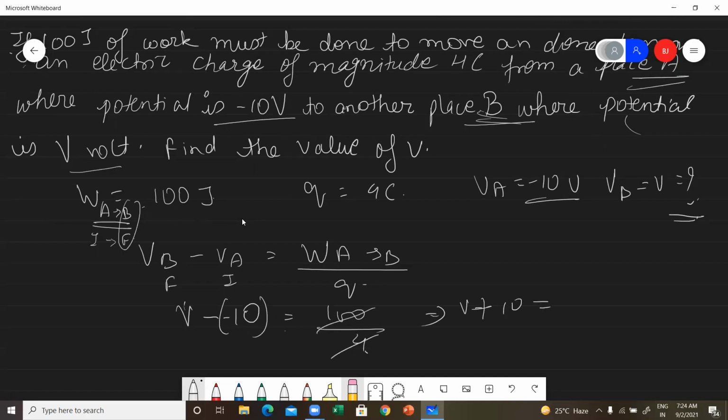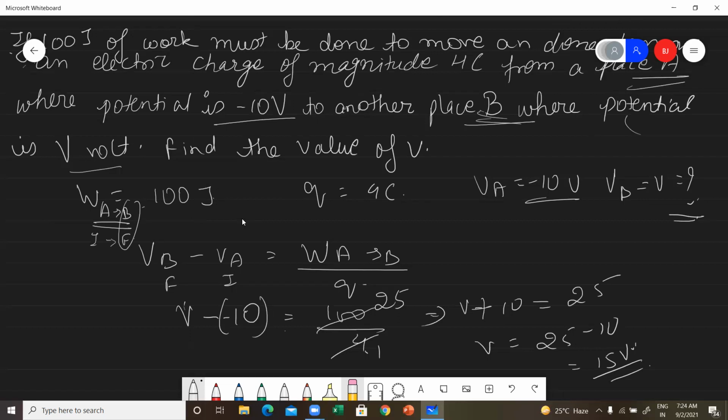So it will be how much? 25. 4, 4 is the 8, 4 5 is 25. Okay. So V is equal to 25 minus 10, which is equal to how much? 15 volt. We got the answer.